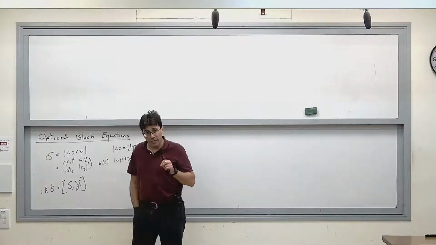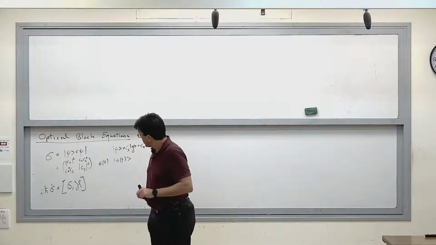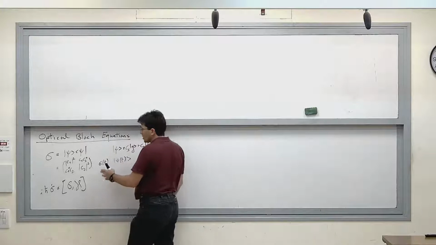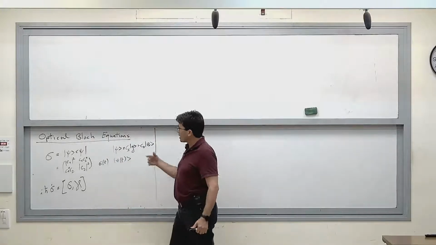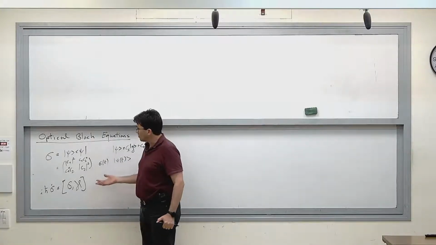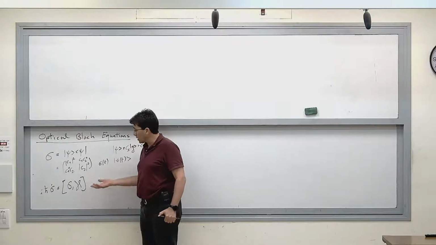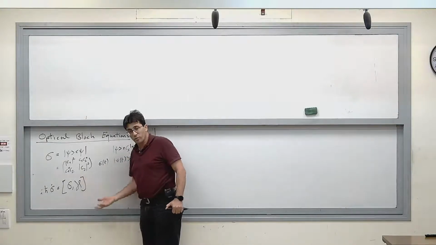Basically, it looks like a bad idea to solve the two-level system that way, because it just seems complicated for no reason.